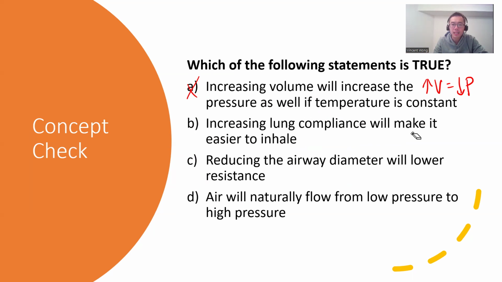Increased lung compliance will make it easier to inhale. That is true. Compliance is the expandability of the lungs. Reducing air diameter will increase resistance. Air will naturally flow from high pressure to low pressure.